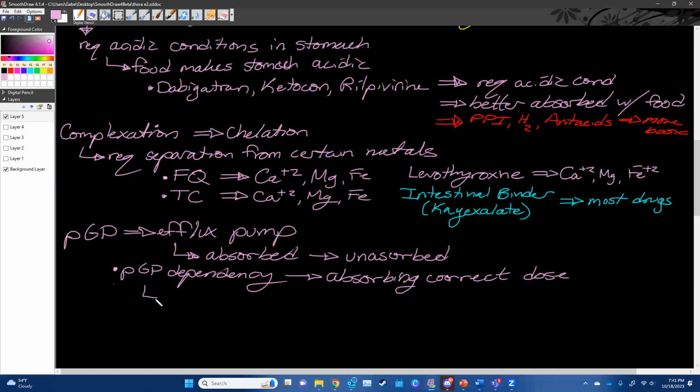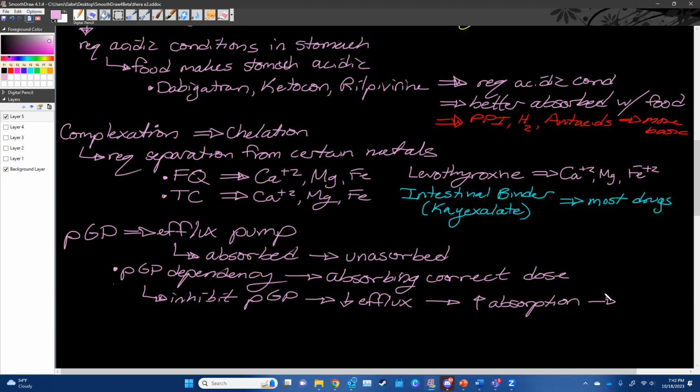So, for instance, if you inhibit P-glycoprotein, then you are going to have reduced efflux, which means more absorption. Would that mean that your bioavailability goes up or down?